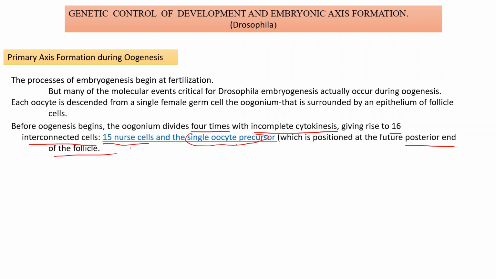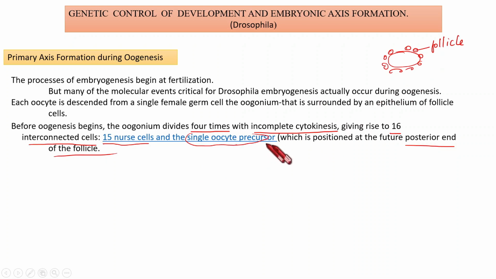end of the follicle. I have already drawn for you that some cells surround the oogonium, and those cells are called follicle cells. Inside, the oogonium undergoes repeated rounds of division, resulting in 16 interconnected cells that include 15 nurse cells and a single oocyte precursor.